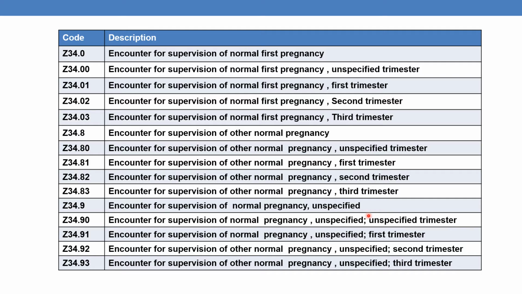Here also, the fifth character 0 indicates unspecified trimester, 1 first trimester, 2 second trimester, and 3 third trimester. These are the overall codes for encounter for supervision of normal pregnancy that come under the subcategory Z34.